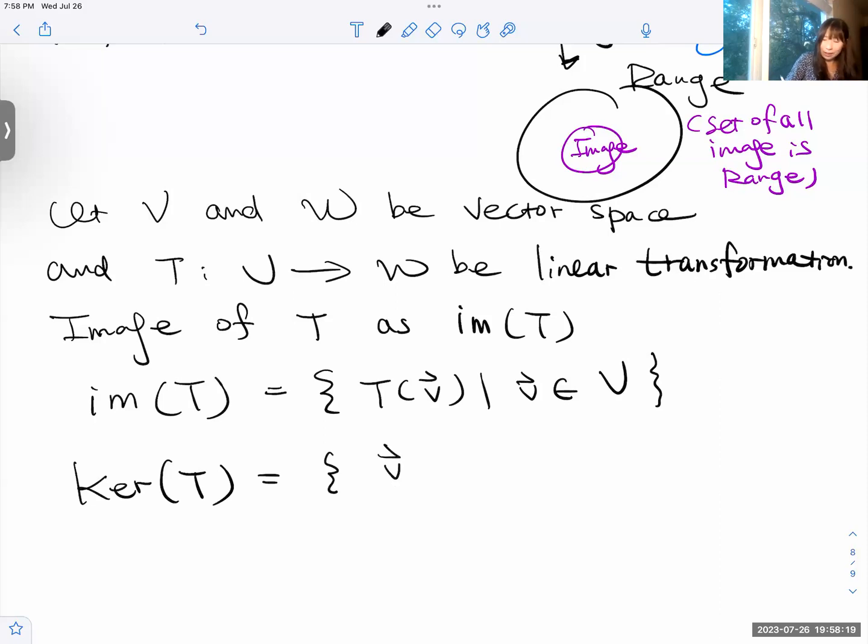So we have V is in V such that T of V equals the 0 vector, right?